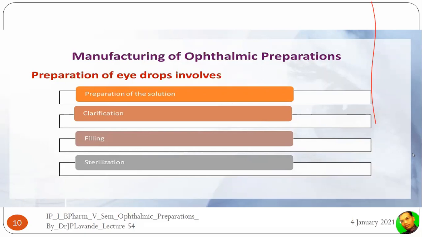That vehicle might be aqueous or non-aqueous, based on the requirement; one has to select between these aqueous or non-aqueous vehicles. So the first stage is the formation of the solution. For the eye drop, it is a solution, that means it is a clear liquid, right?